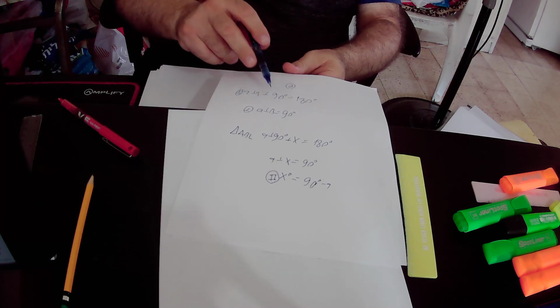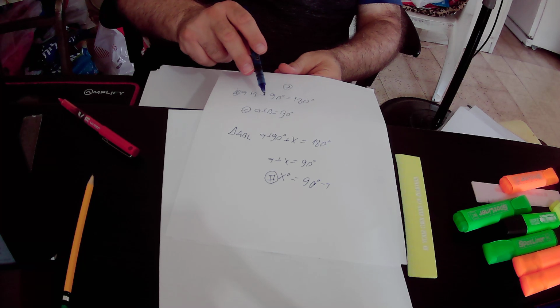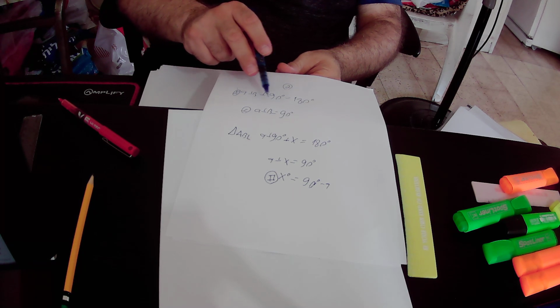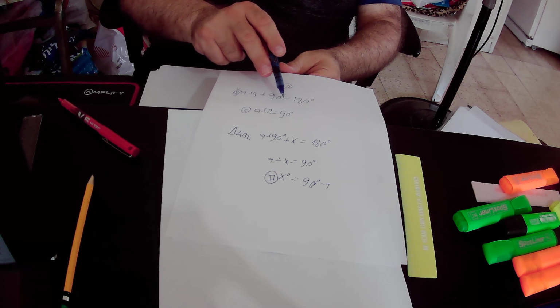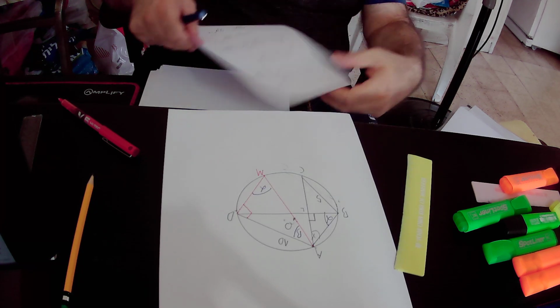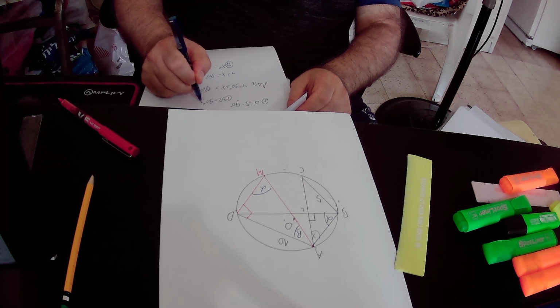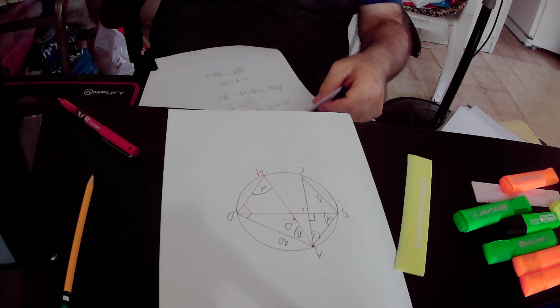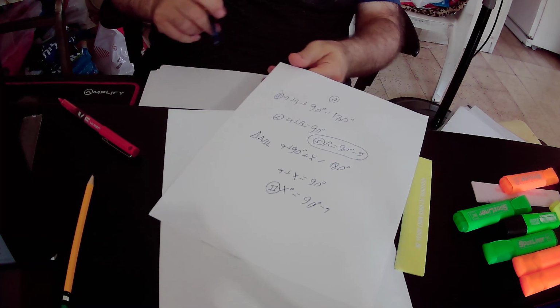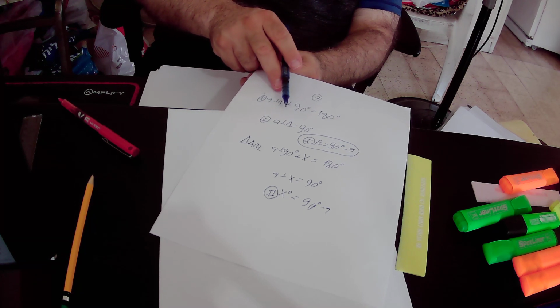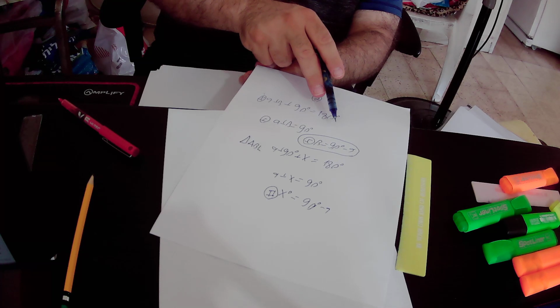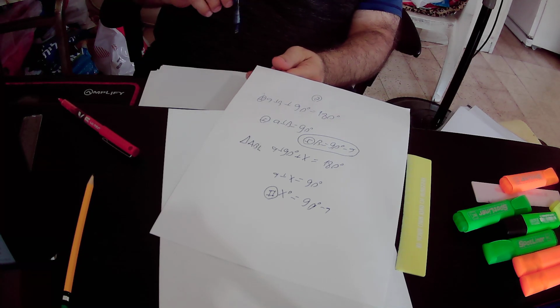We can subtract alpha from equation number 1, and we will get that beta equals 90 degrees minus alpha.